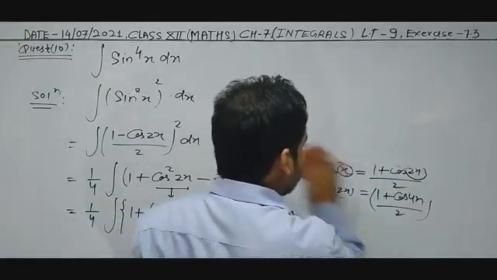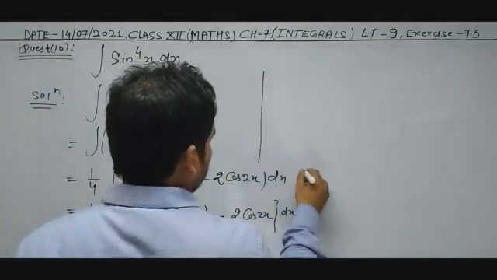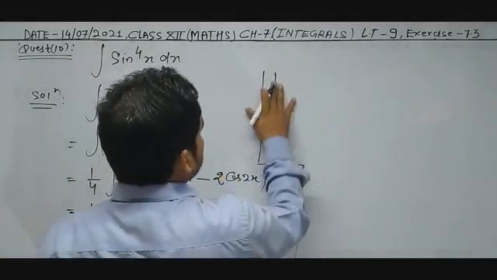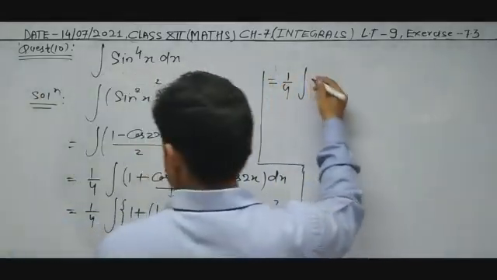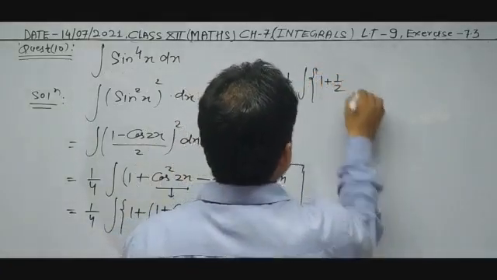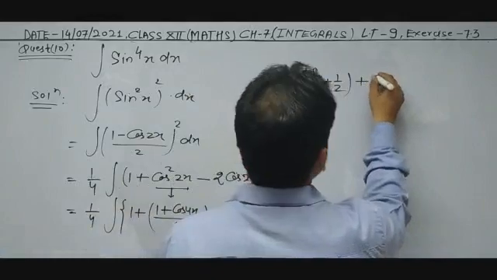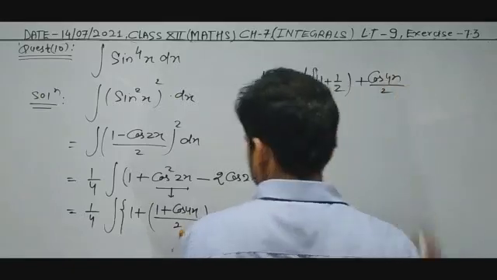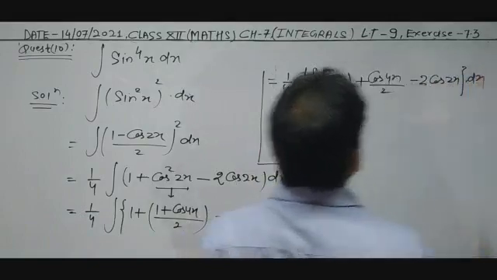Come to the next steps. So first of all we have to write: is equal to 1 by 4 integration of 1 plus 1 by 2. In the curly bracket again you have to write 1 plus 1 by 2, plus cos 4x by 2, minus 2 times cos 2x dx.